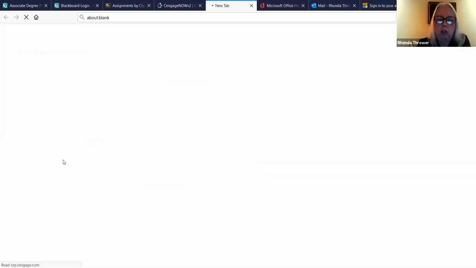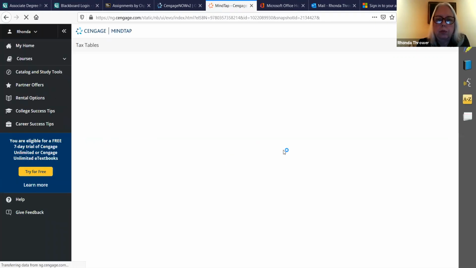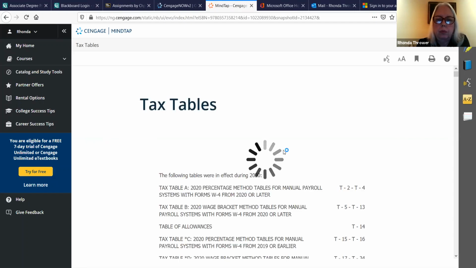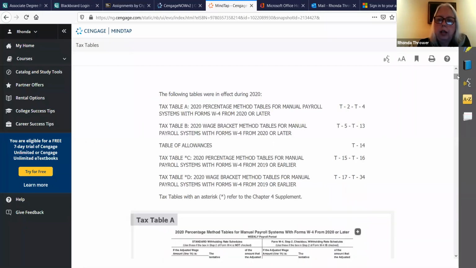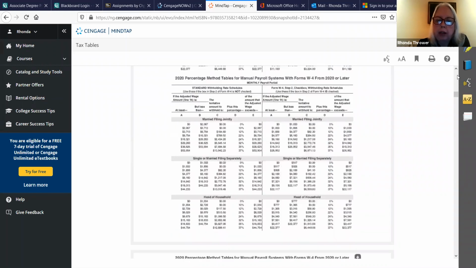You're going to click here to access the wage bracket method. And then we're going to look at Table B, which is your wage bracket method.